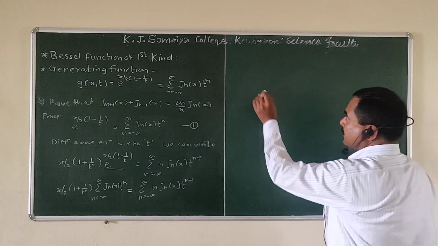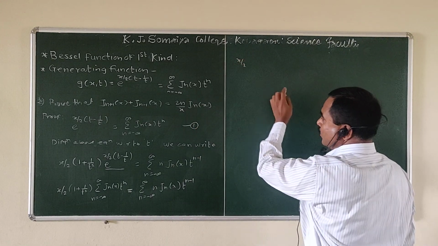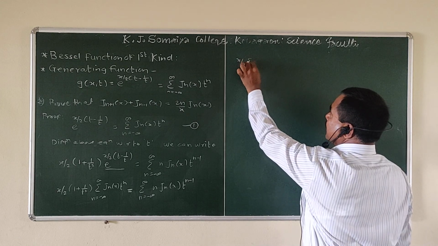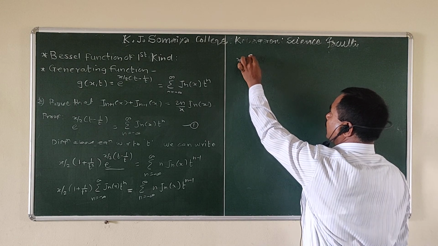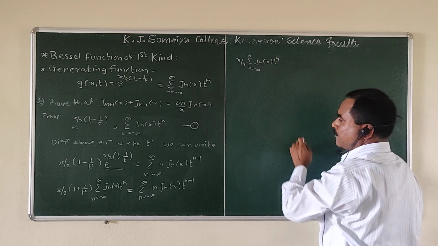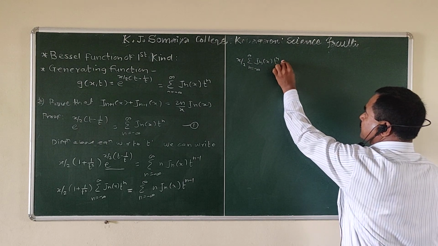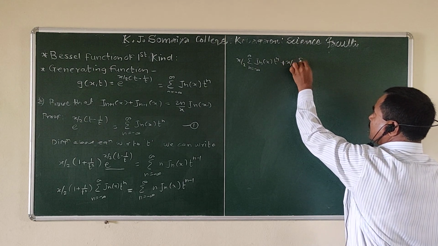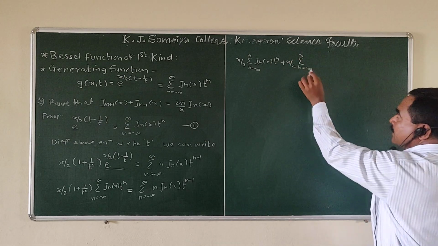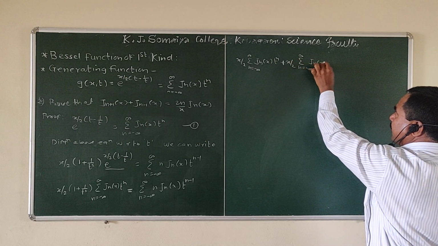So in next step we write x by 2 summation n from minus infinity to plus infinity Jn of x t raised to n, then plus x by 2 summation n from minus infinity to plus infinity Jn of x.